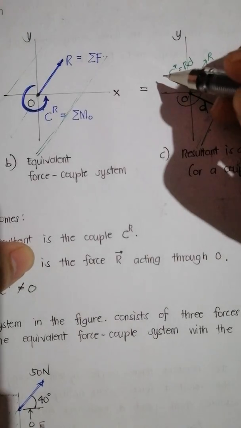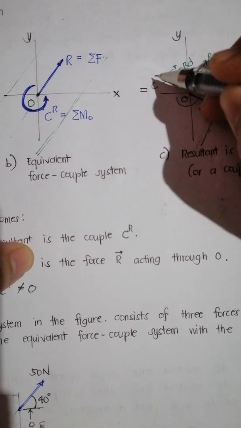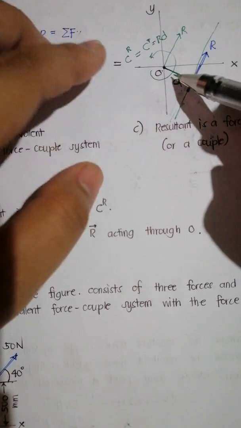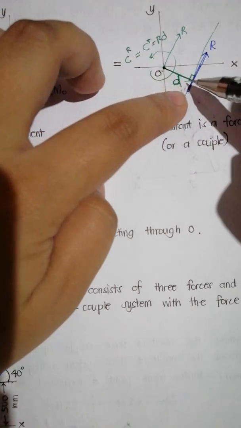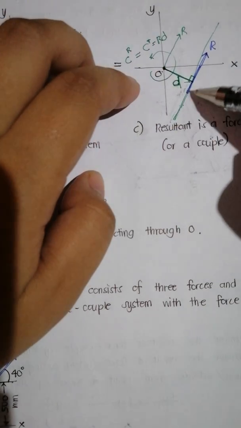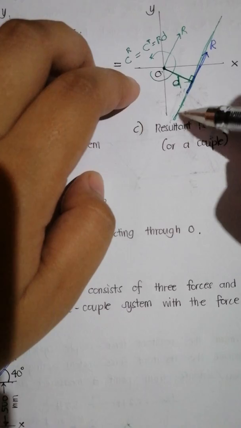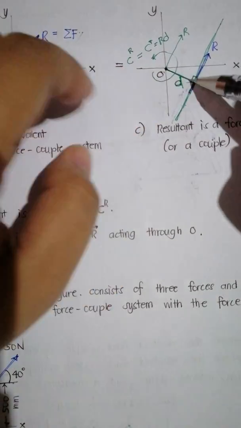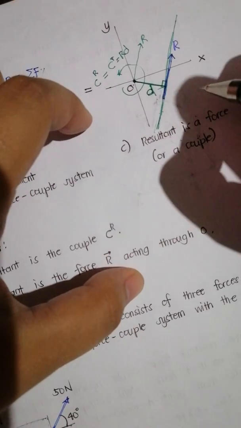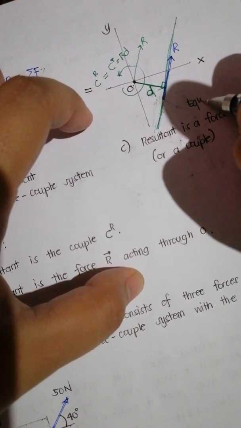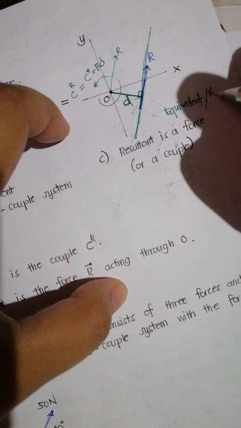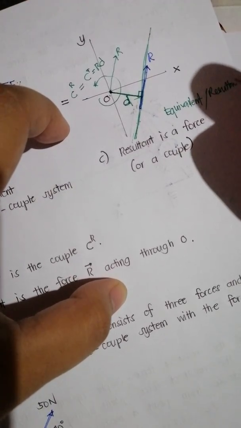No, itong couple of transfer, ito yung magiging equal sa couple resultant. Pero para mawala yan, babalik natin siya dito sa original to a certain perpendicular distance, para lang mawala yung couple of transfer. So, siya ay magiging equivalent or resultant force system.